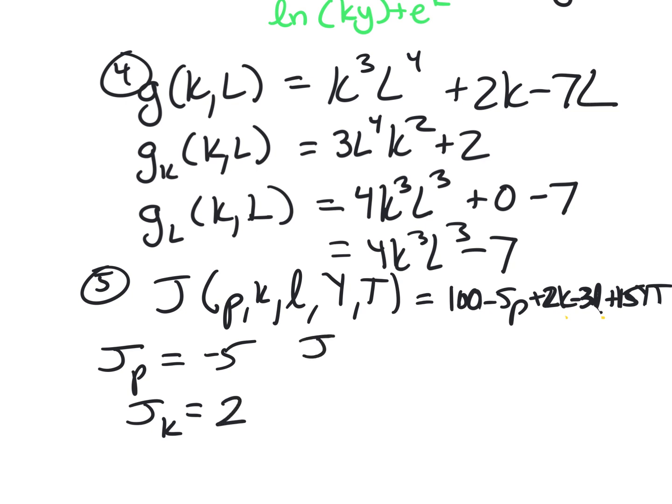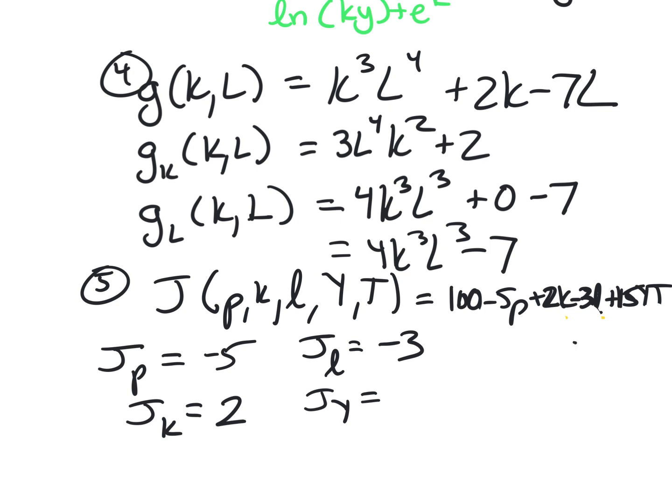The next one is the derivative with respect to l. Again, ignore anything that doesn't have an l. So I'm just looking at minus 3l, and the derivative is minus 3. The next is the derivative with respect to y. So I'm only looking at the 15yt. t is a number.